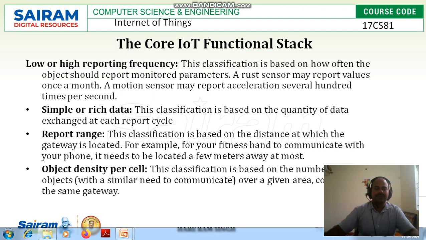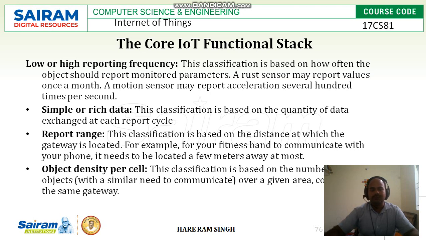And suppose a wristband is there for our health monitoring. The mobile should be located very near to the wristband so that it can display the report in the mobile.